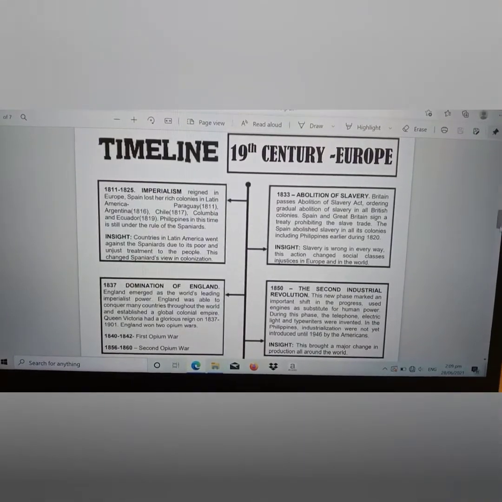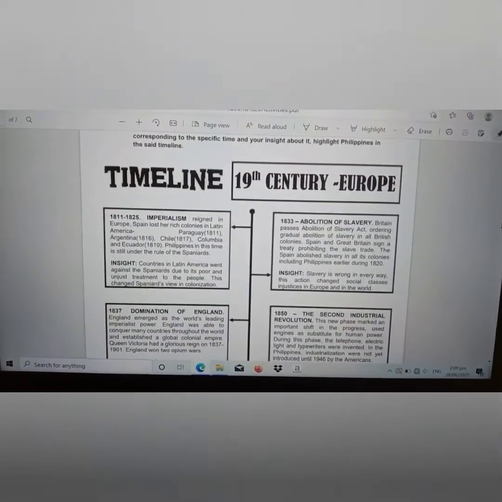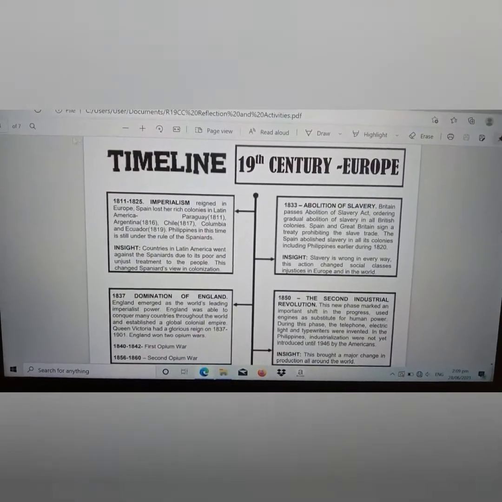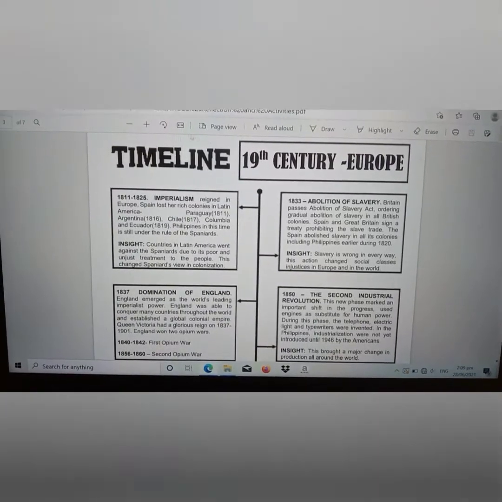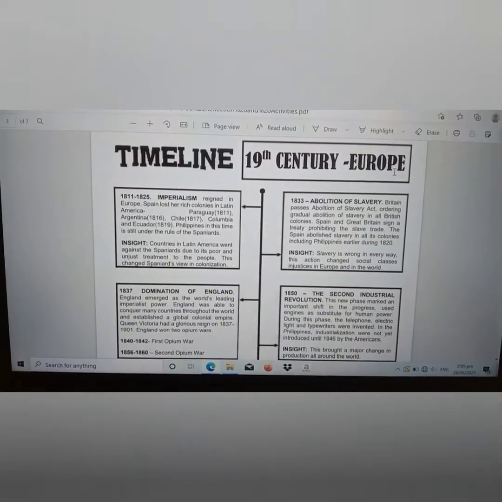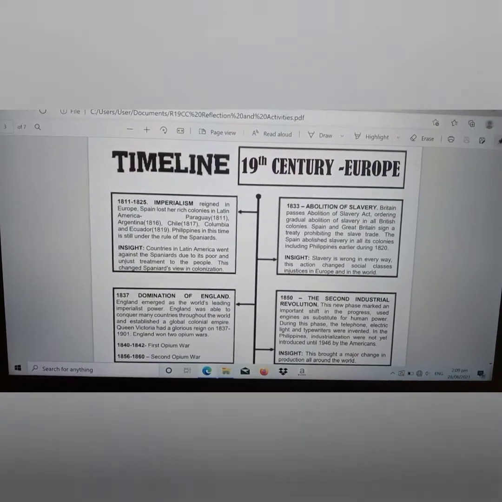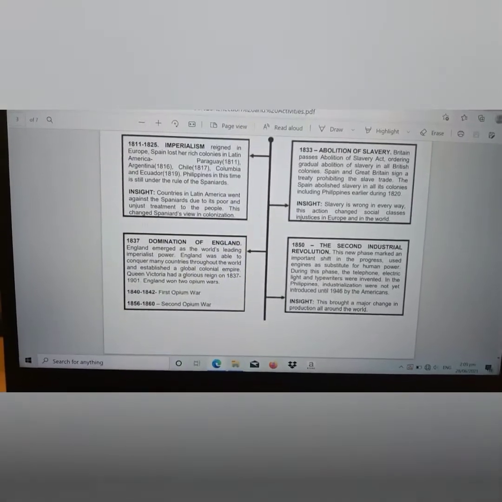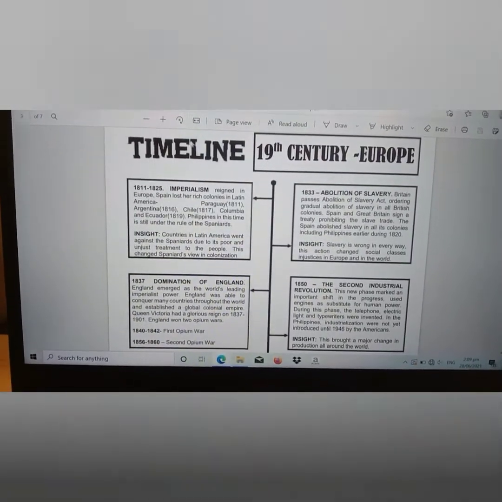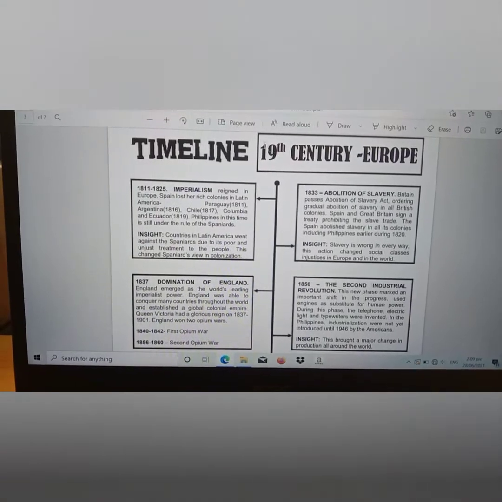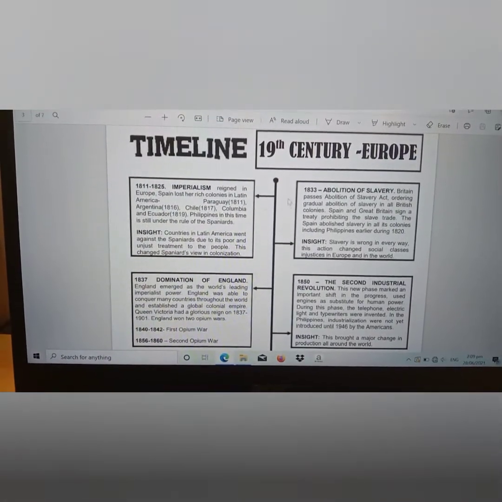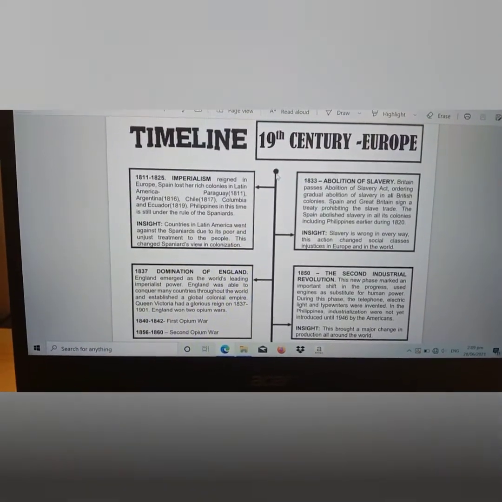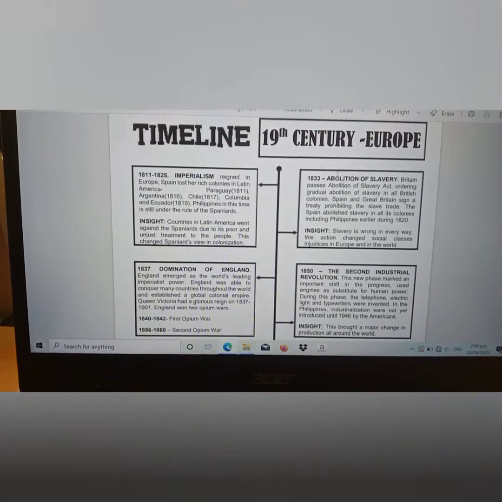Okay, so now we are at Mr. Makayan's output. I like his creativity. I like the font that he uses, like this one, and it has such a newspaper vibe. Aside from the creativity with the fonts, he also shows creativity in the way he made the timeline.